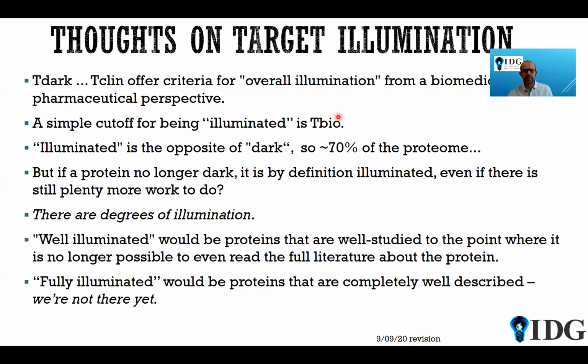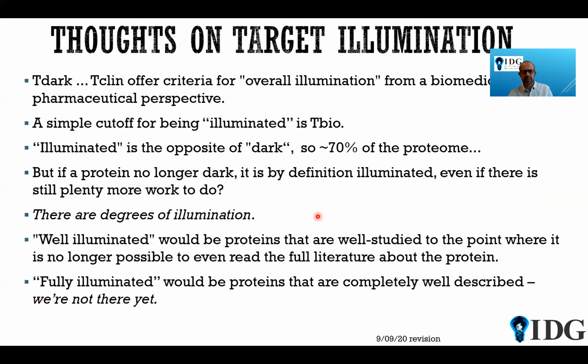But if T-bio, T-chem, and T-clean are illuminating, then so is 70% of the proteome. The problem is, of course, we don't really know whether the function of a protein, just because it is in T-chem or even T-clean for that matter, is completely understood.